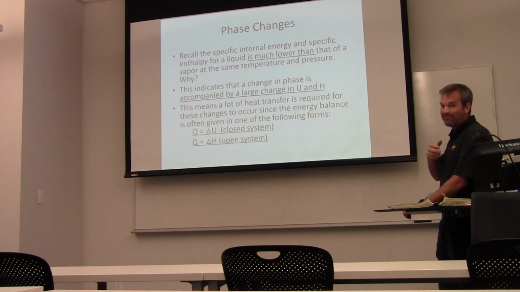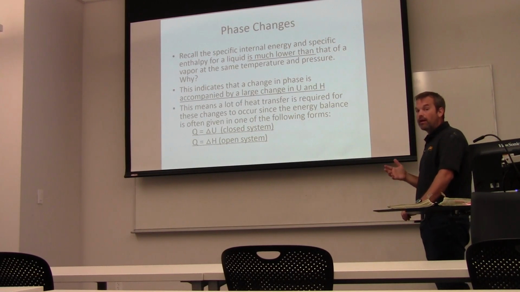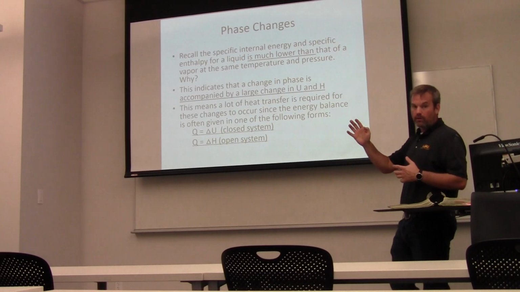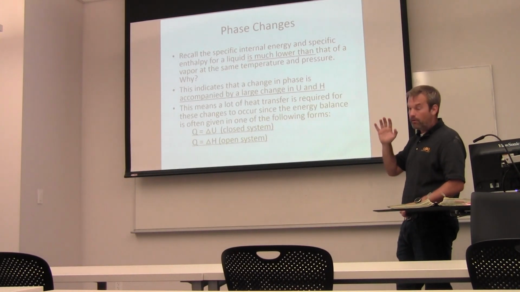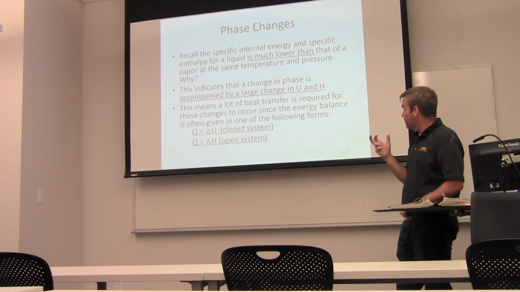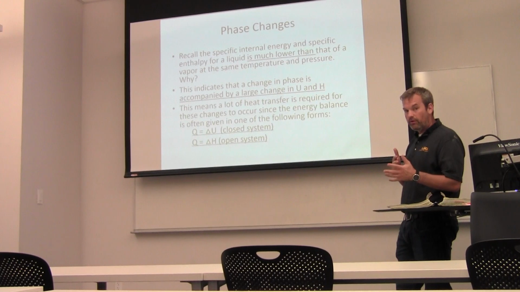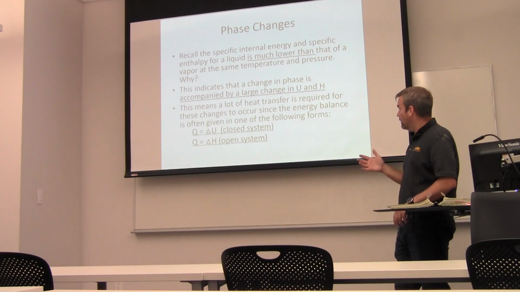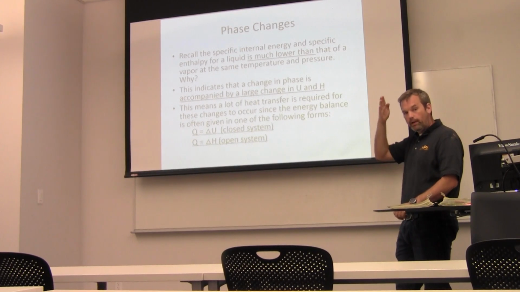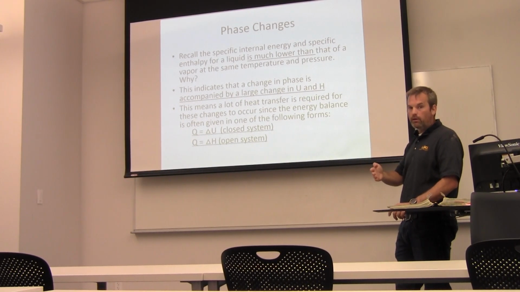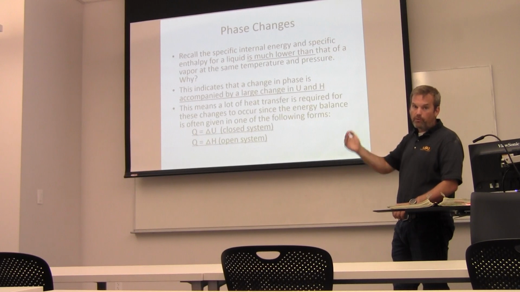You just have to add a lot of energy to help those molecules escape the liquid and become a vapor. But the big difference in those two seems to suggest that there's a big change in internal energy and enthalpy associated with a phase change. And that's what we see. If you look back at the steam tables, you can see the enthalpy for the liquid, and then a couple columns over, you see the enthalpy for the vapor.